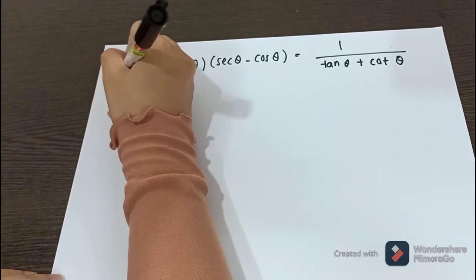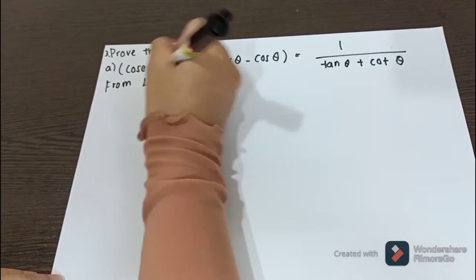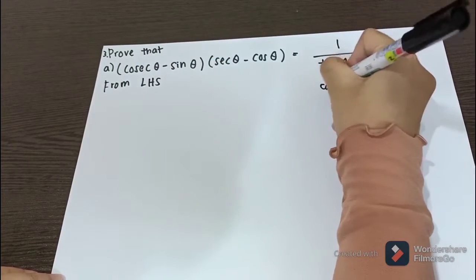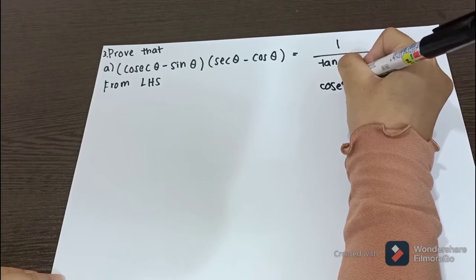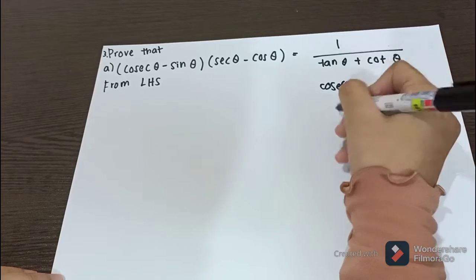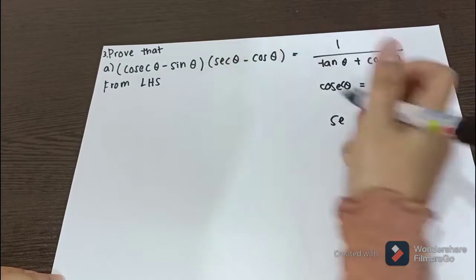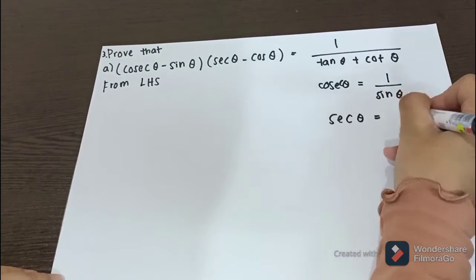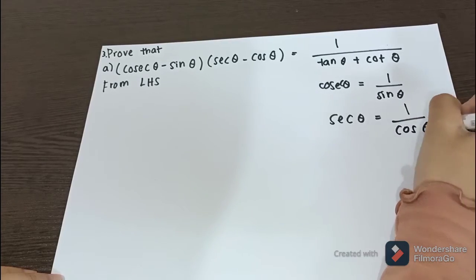So, from the left hand side, we know that cosec theta equals 1 over sin theta and sec theta equals 1 over cos theta.